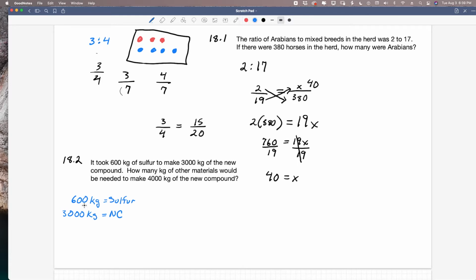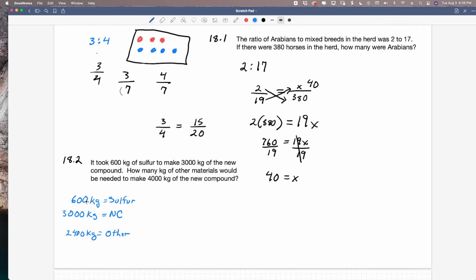So given that these compounds are static, meaning that they're not absorbed or changed, we can subtract 600 from 3,000 to see that 2,400 kilograms is needed of other materials to add to the 600 kilograms in order to make 3,000 kilograms, right?